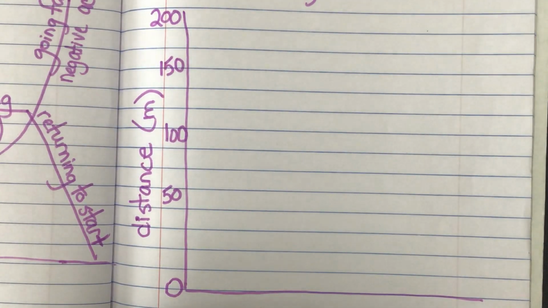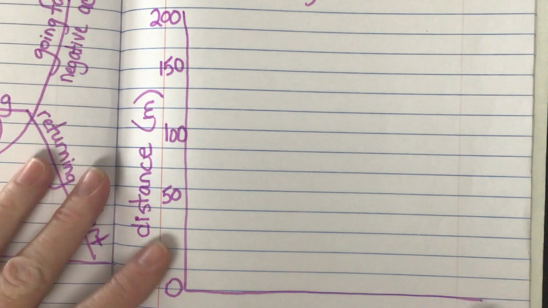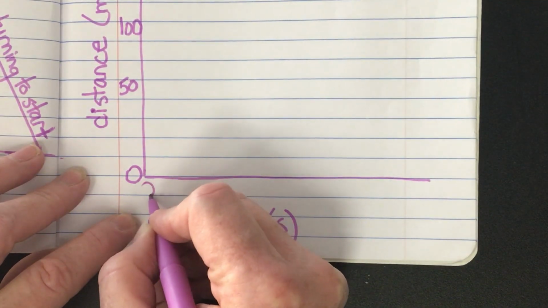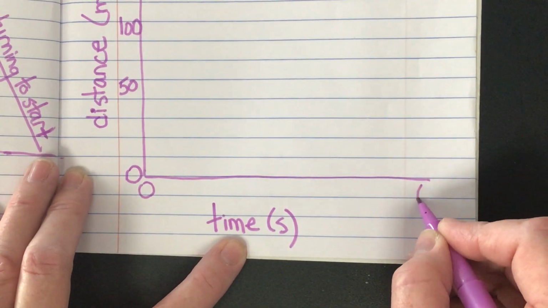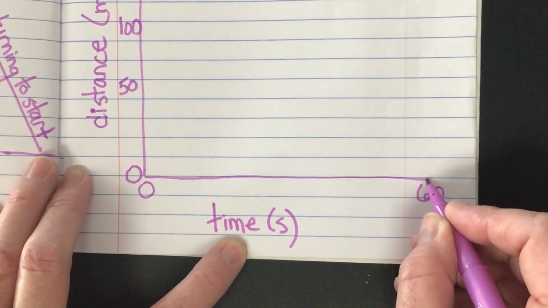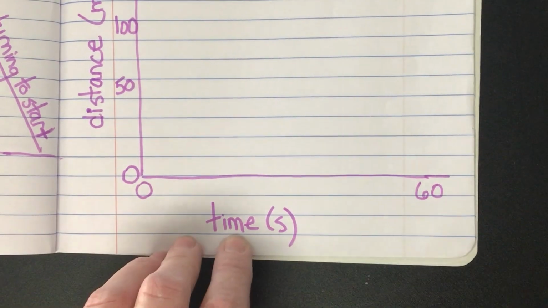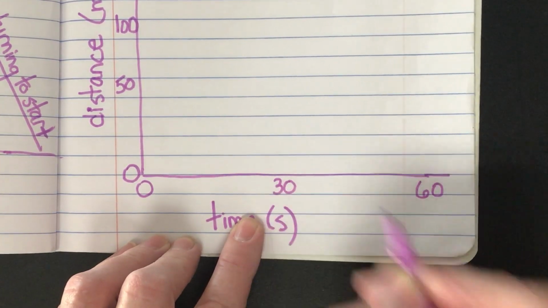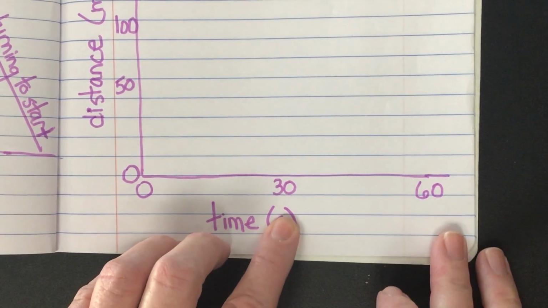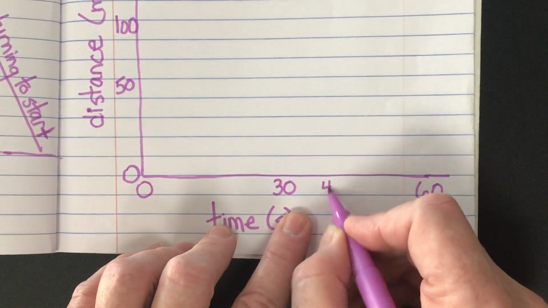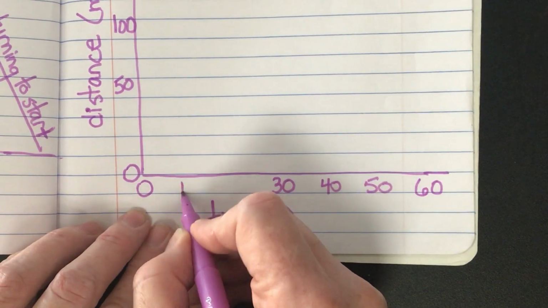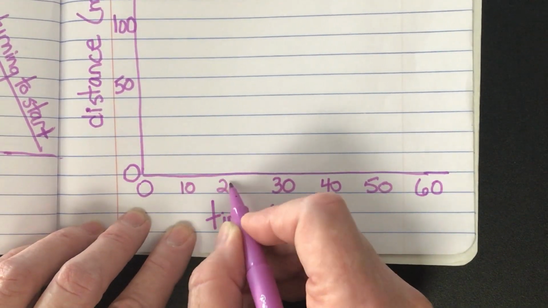Okay, thanks. Now, on the time, we're gonna go 0 to 60. So let's start at 0. We're gonna end at 60. That's how far the otter goes. So right in between is 30. So let's put a 30, and then we'll put 40 and 50, and we'll put 10 and 20.